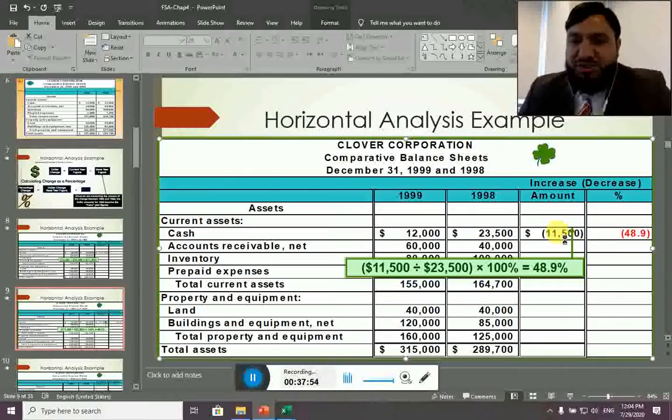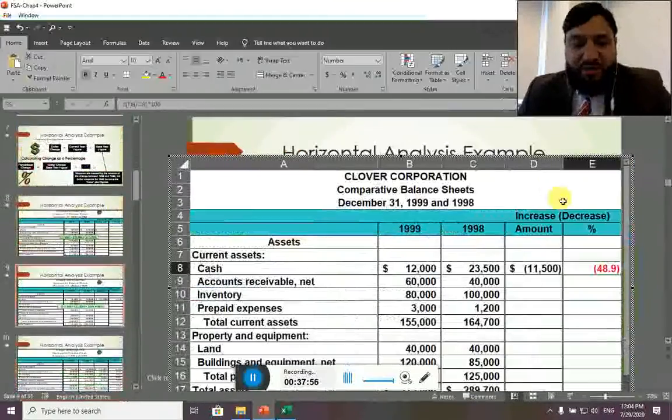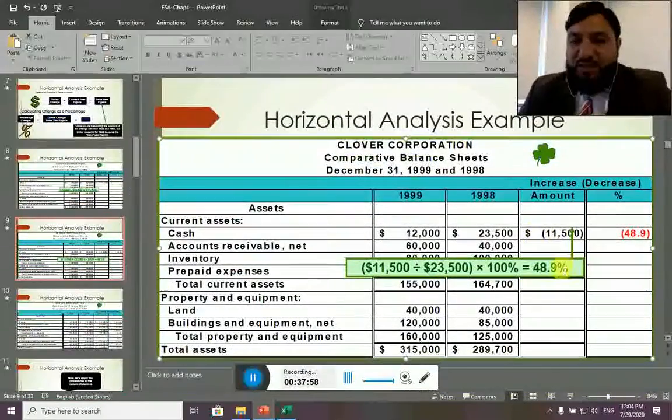Now the dollar change will be divided by the base year figure, which is 23,000 here. For cash we have already obtained 11,500. We'll divide it by 23,500 and then multiply by 100. We'll get the percentage change.